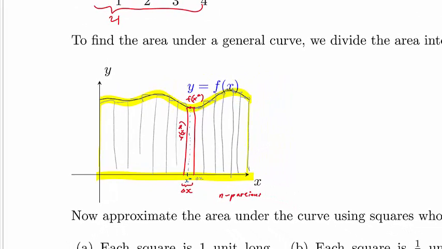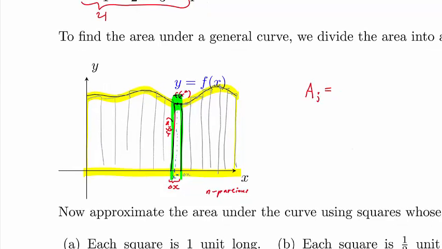So first off, let's find the area of just this one little partition, and then we'll work on the rest. We'll call this the area of our jth partition. What is the area?